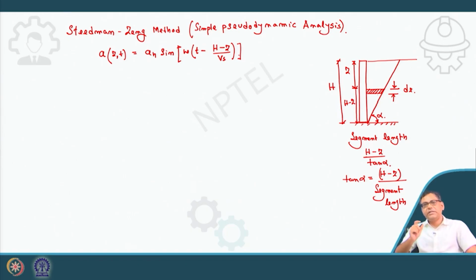This H minus z divided by Vs is the time required for the wave to travel from the base to that depth of interest.